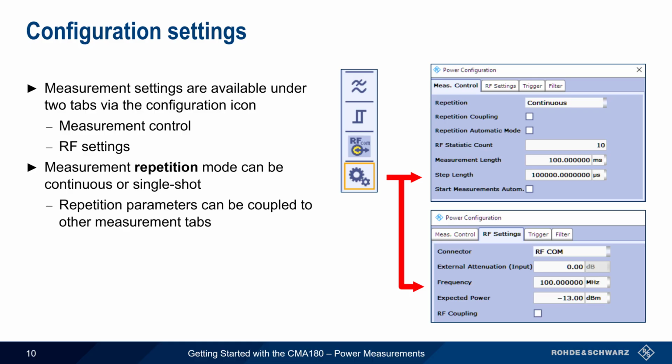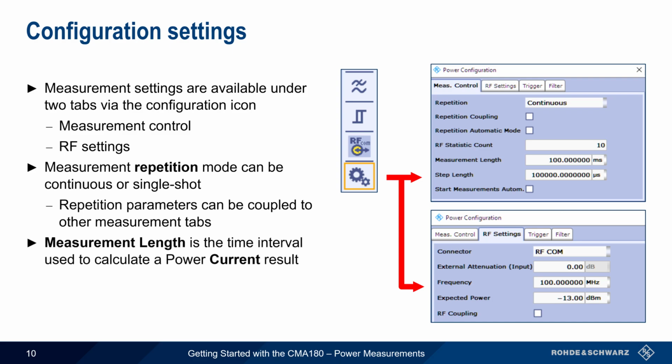It's also possible to configure coupling of these repetition settings between measurement tabs. Another important parameter is measurement length. Recall that the current power measurement results that we discussed a few slides ago were calculated based on this measurement length. The time between measurement intervals is defined via the step length parameter.